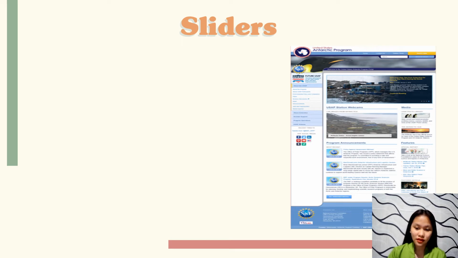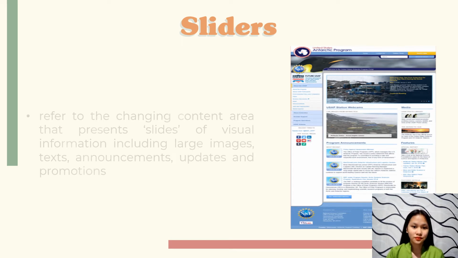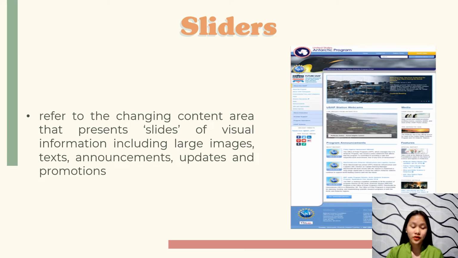So the next is sliders. This is the example again of a website. So what is a slider? It is a wrapper to the changing content area that presents slides of visual information including large images, text, announcements, updates, and promotions.